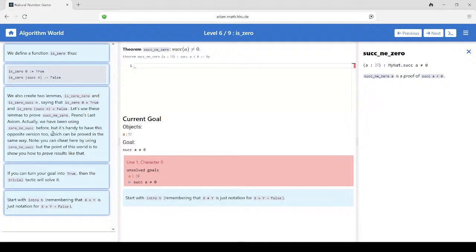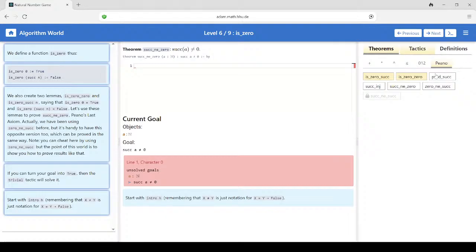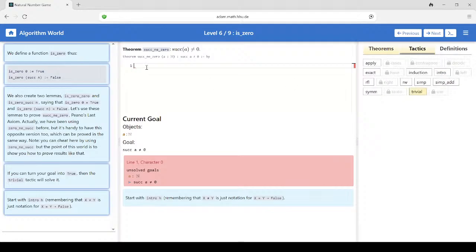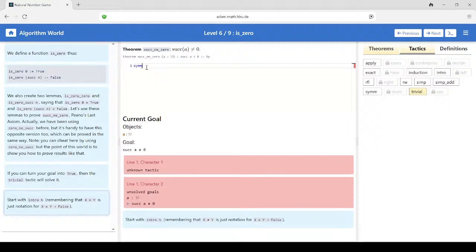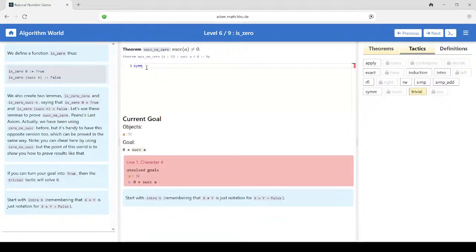But it's handy to have this opposite version too, which can be proved in the same way. Note, you can cheat here using 0 NE successor, but the point of this world is to show you how to prove results like that. Right, I could just switch them around and then I could cheat using symmetry, right? Sym switches it around.